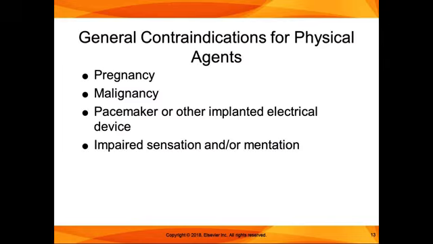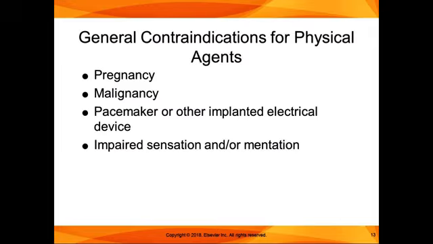So there are times when they might have cancer in a certain area and you think, oh, well, they've got this cancer, I can do ultrasound on their ankle, but malignant tissue can metastasize and might be present in areas where it hasn't been detected yet. So we don't want to take the chance. It's not worth it.